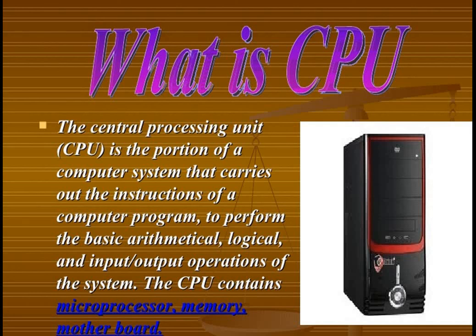CPU is sometimes also called processor, or commonly known as the brain of the computer. It is also known as microprocessor, and it is the brain of the computer which performs all the functions.